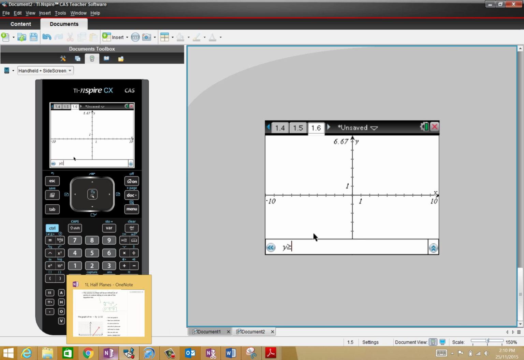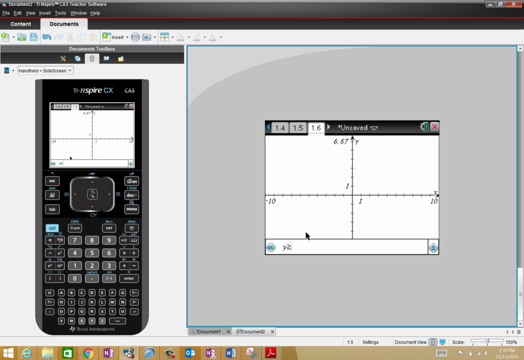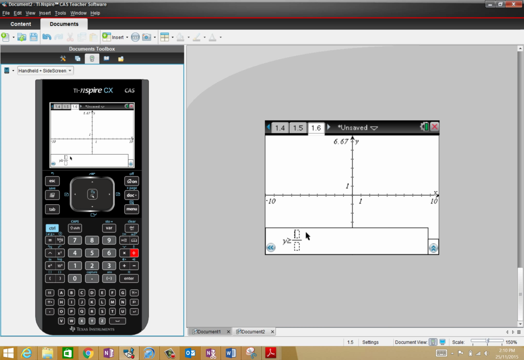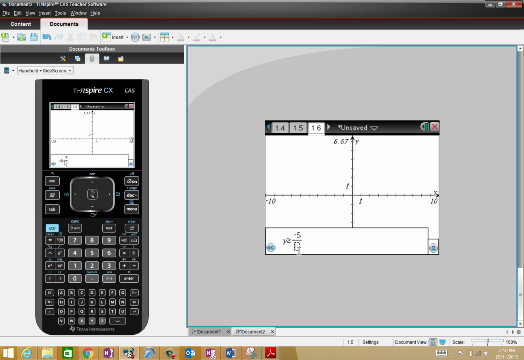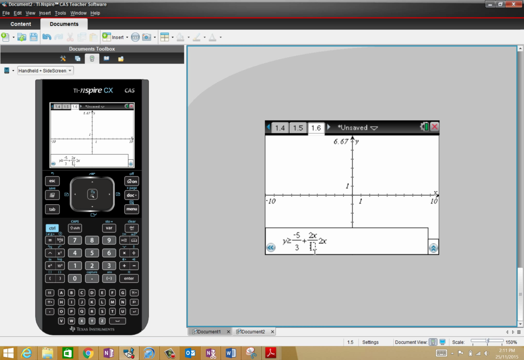So we're going to go here and we're going to do that and we're going to go negative 5 over 3 plus 2x. Well, let's just do something here. Let's put that as 2x and let's put that as 3.